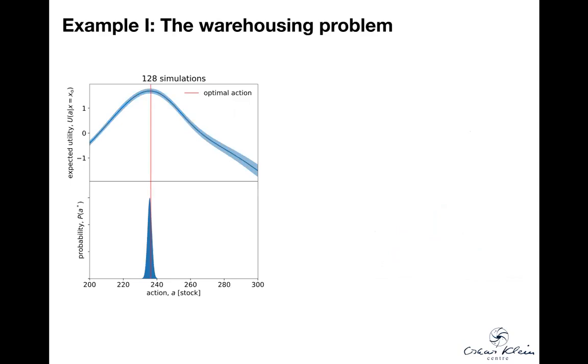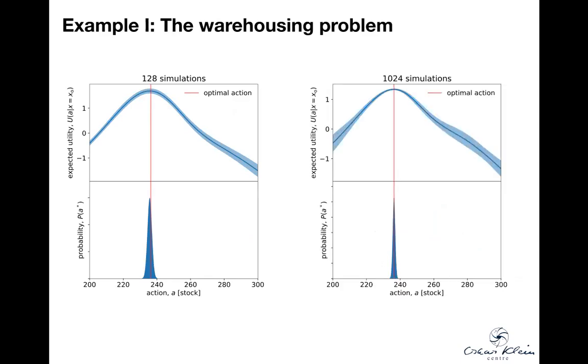So after just 128 sims, it's already getting out a decent estimate of the optimal action, which I got by brute force, and a nice estimate of the expected utility. And obviously, if you bump up the number of sims, your inference of the optimal action squeezes down. It doesn't squeeze down much more than that actually as you do more sims, because the utility is pretty flat in that neighborhood anyway.